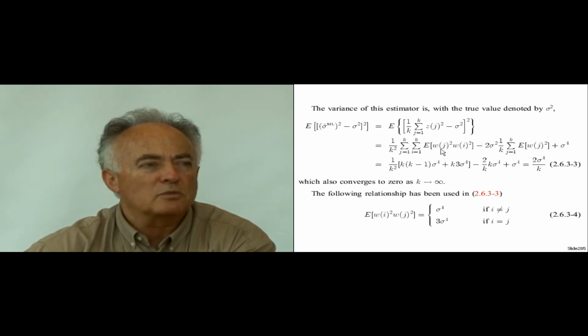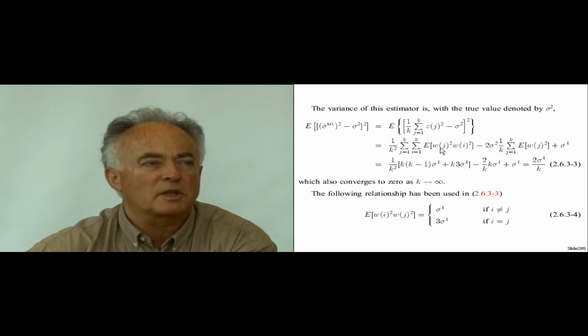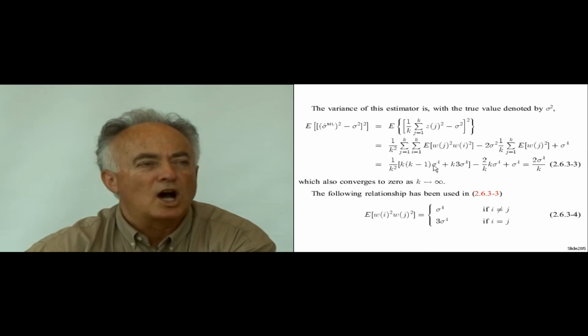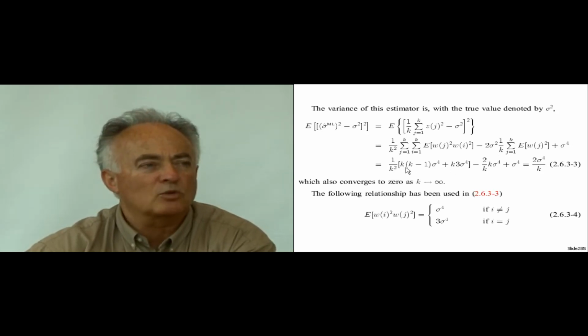The other cases where j is different than i, then wj and wi are independent, so this gives a sigma square after expectation, this another sigma square. So it is sigma to the fourth. How many such terms do we have? k times k minus 1, because we took away the k terms where i and j coincide. The remaining is k times k minus 1.